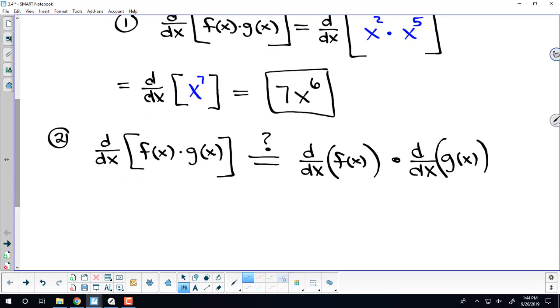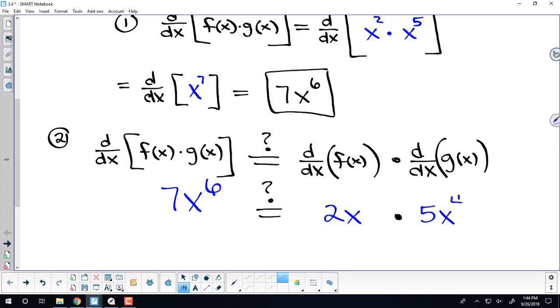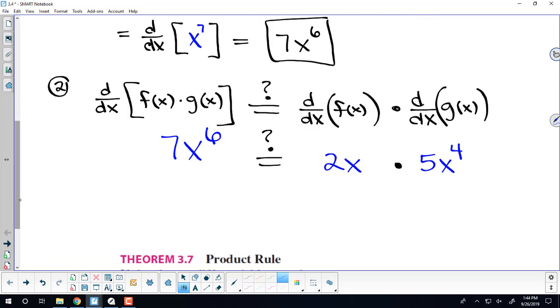So we'll just compare this. This was our 7x to the sixth for this one. The derivative of f by itself is 2x. The derivative of g was 5x to the fourth, and so that's equal to 10x to the fifth.